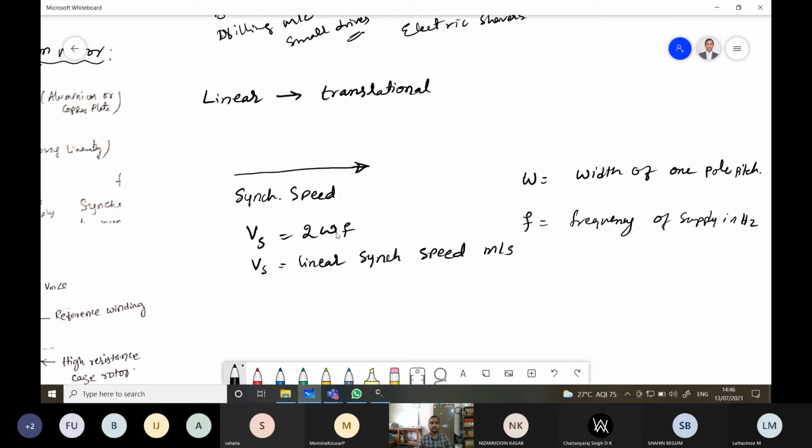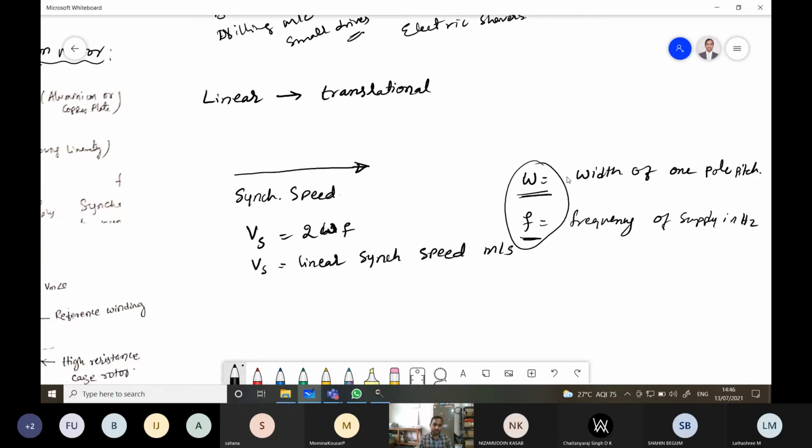This is not omega, this is width W: 2 into W into F. So synchronous speed is independent of the number of poles, but dependent only on the width of the pole pitch and the supply frequency. So these two are important here.